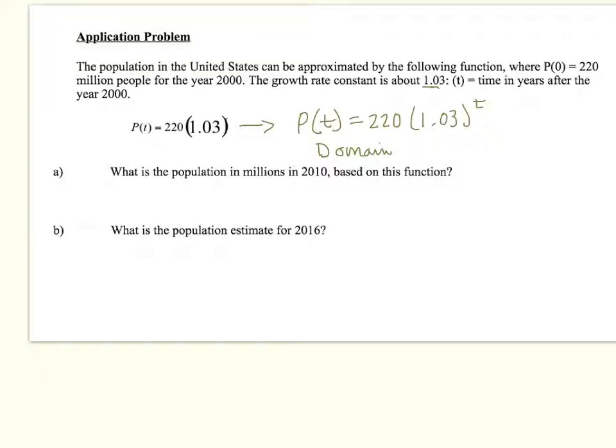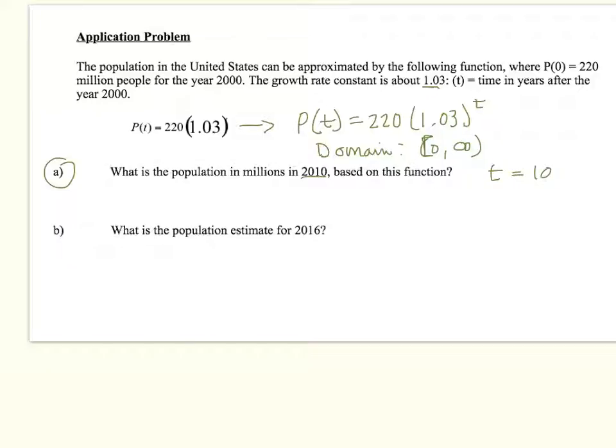Time cannot be negative, so the domain can be 0, right? It can be 0 here, but it's going in the positive direction. So our question in A is, what is the population in millions in 2010 based on this function? So t is equal to 10.